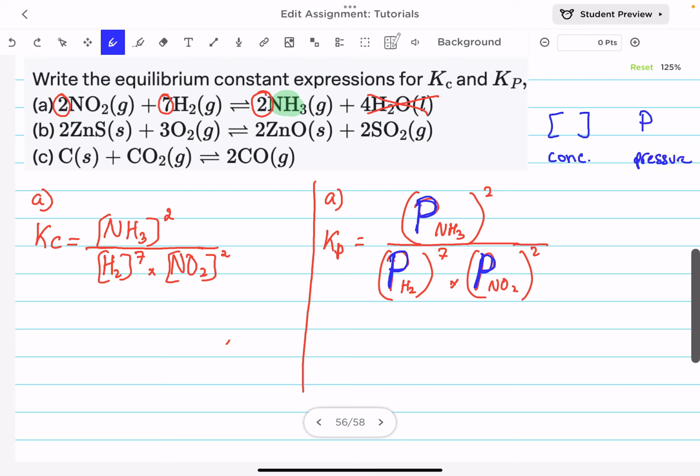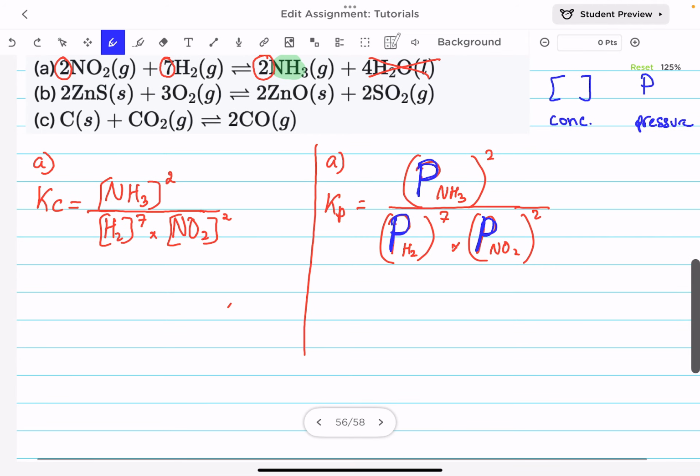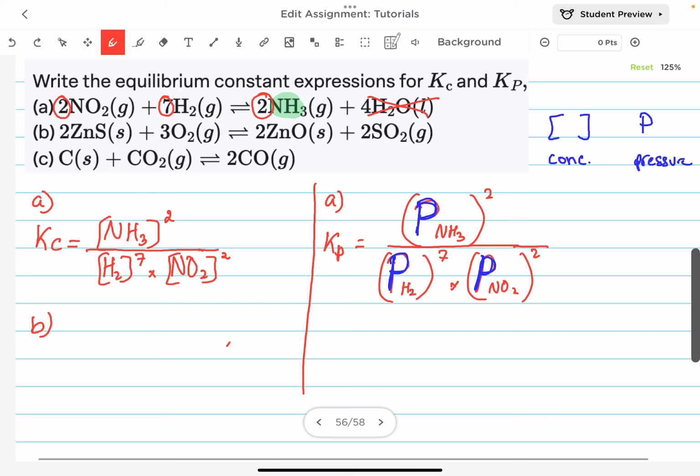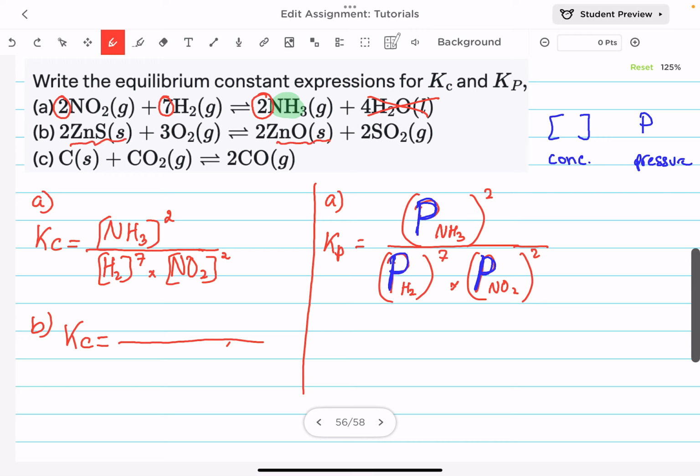Now let's take another example. Part B, equation B. Again, before I start writing Kc, the equilibrium constant, the solid reactant and product will not be involved. So it is only the concentration of SO2 raised to the power of 2 divided by the concentration of O2 to the power of 3.